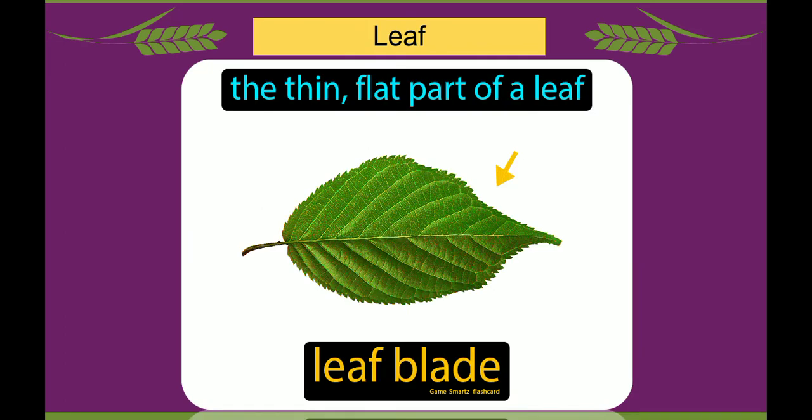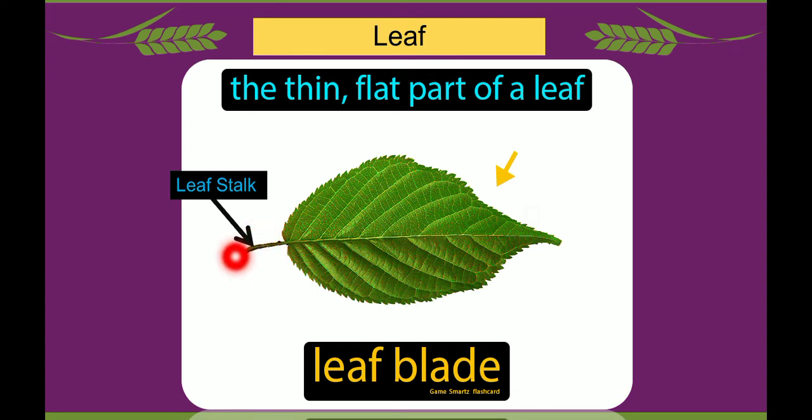The broad and flat part of the leaf is the leaf blade. If you see the leaf closely, the broad and flat part of the leaf is the leaf blade, and the leaf is attached to the plant through a stalk.